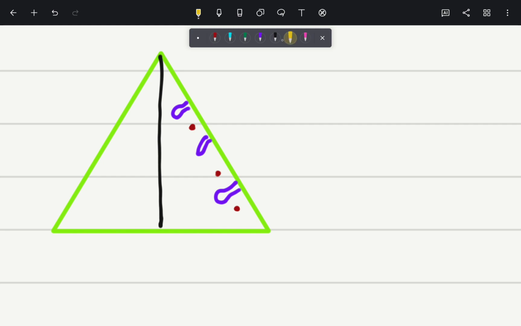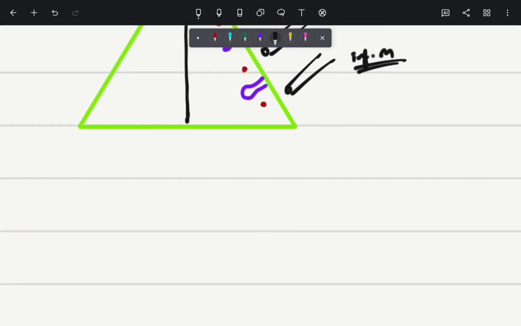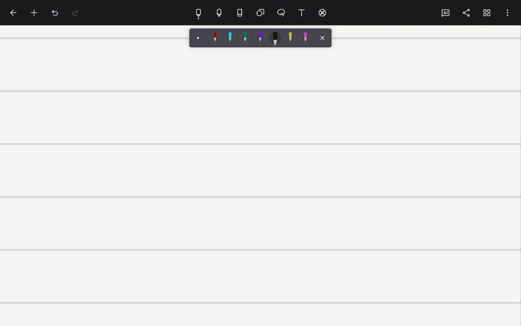In these meatus, usually there are certain structures draining: in the superior meatus, the middle meatus, and the inferior meatus. I will talk about them in my next video, but please understand this one, so it will be helpful in your next video. I hope everyone is clear about meatus.